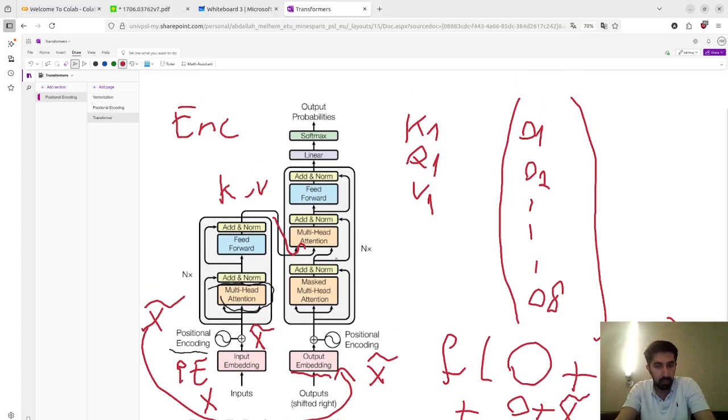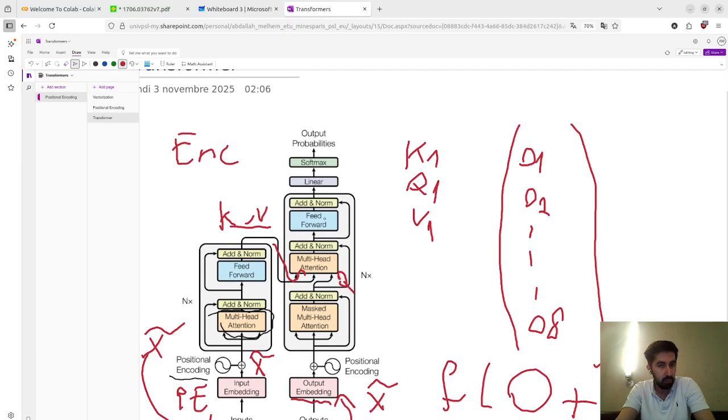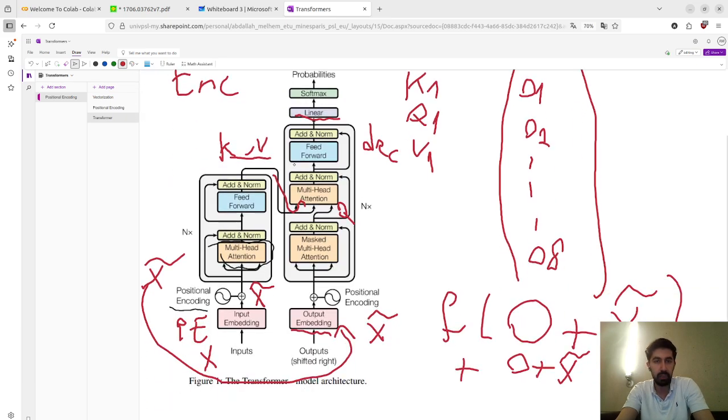We add and normalize, and then we have our query here. And the key and the value come from here. We do multi-headed attention. We add and normalize. We use a feed forward. And finally, we have the output of the decoder. And finally, we do a linear layer and then softmax.